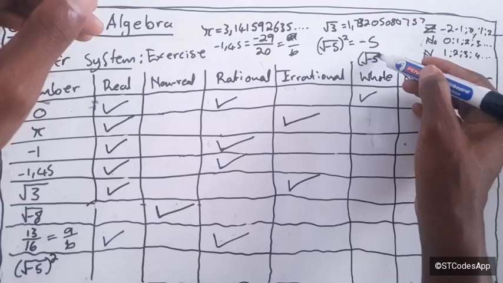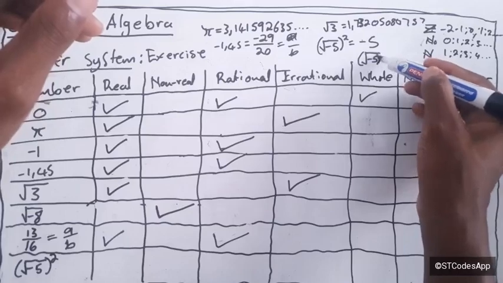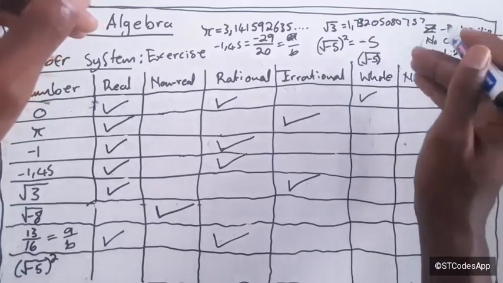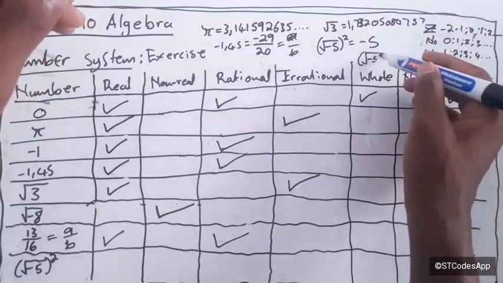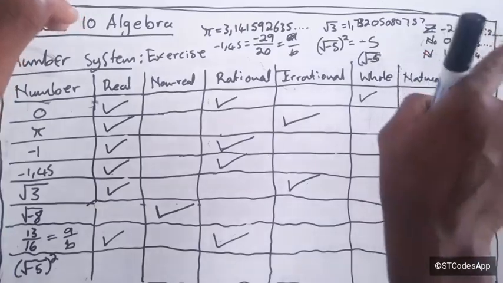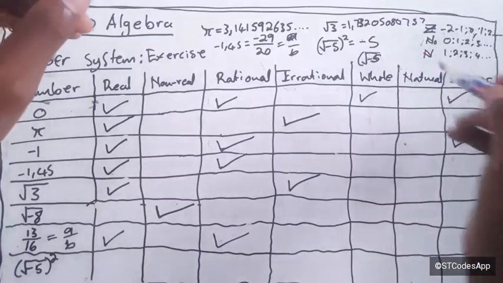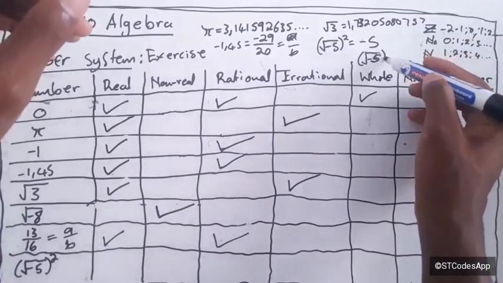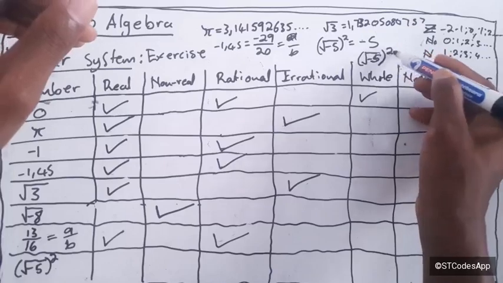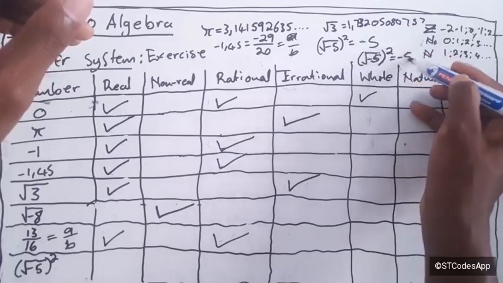Then don't close the bracket right away, that's a typical, common mistake. After writing the square root of -5, press the right button, the button to the right, and put your bracket. Then square it, and your answer is going to be -5.